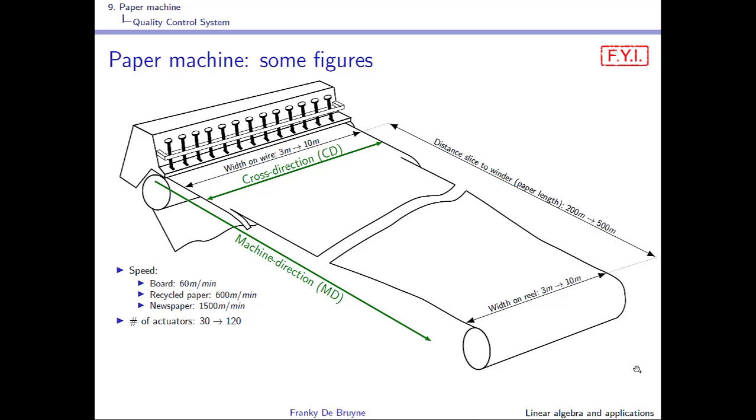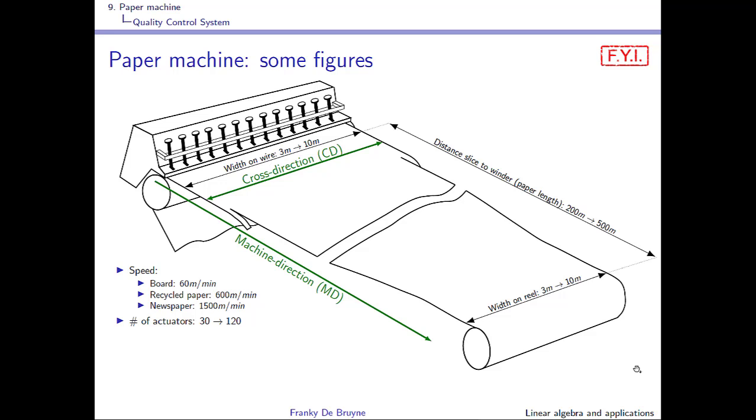Here are some figures for paper and board machines. In cross direction, the width can go from 3 meters up to 10 meters. In machine direction, the distance from headbox to winder, taking into account the press section and the dry section, so the actual paper length, can vary from 200 meters up to 500 meters.